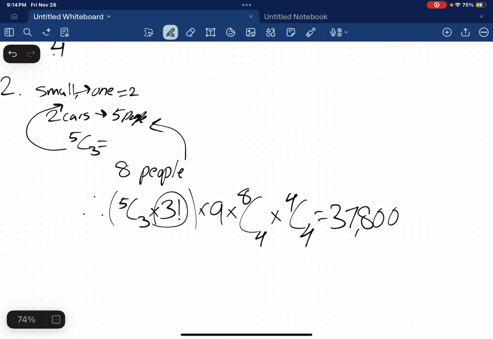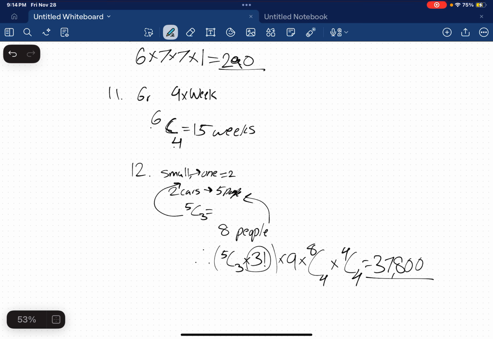And that is how many different ways they can actually travel. That's going to be the end for this exercise, and I hope you enjoyed.